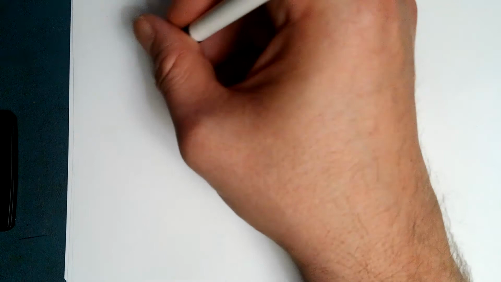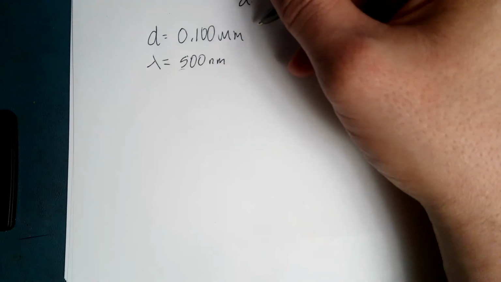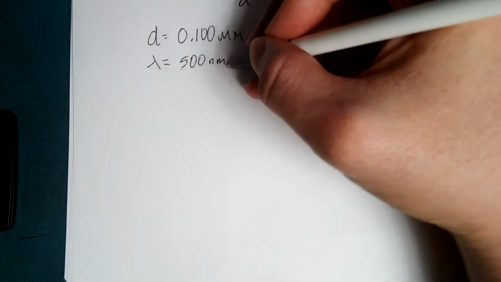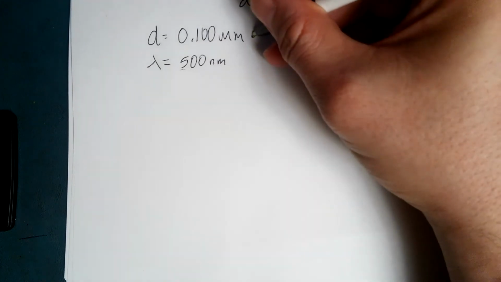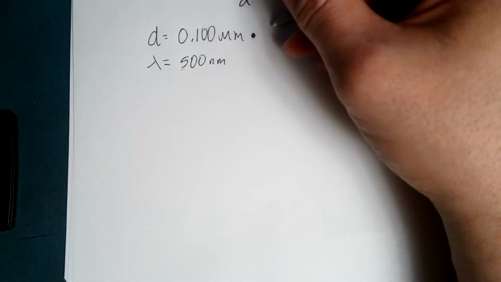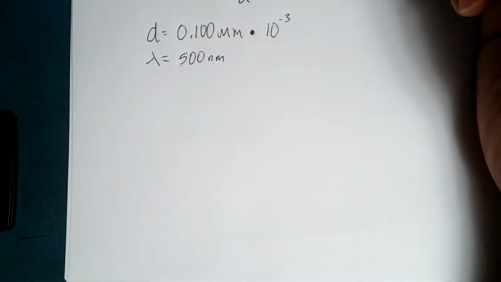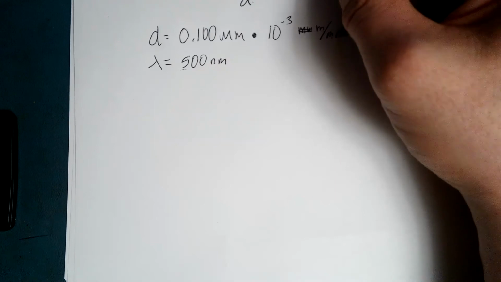Let's see. We have 500 nanometer wavelength. So if we're converting these both to meters, this is millimeters, so this is times 10 to the negative 3 meters per millimeter.